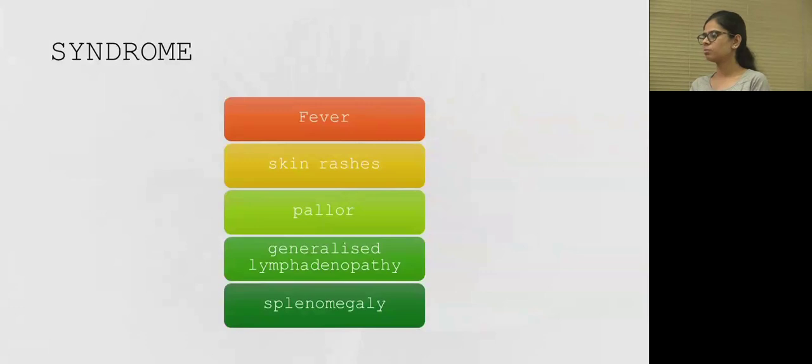So this is a syndrome of a 20-year-old boy with fever, skin rashes, pallor, generalized lymphadenopathy, and splenomegaly. Any thoughts on the differentials?